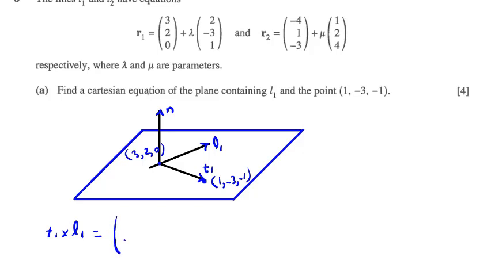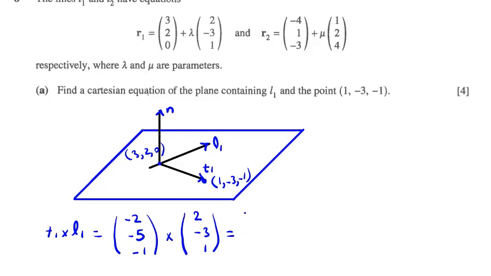So T1 is this vector: 1 minus 3 is negative 2, negative 3 minus 2 is negative 5, negative 1 minus 0 is negative 1. We consider the cross product between this and L1. L1 is the vector (2, -3, 1), and we should cross product these two vectors.